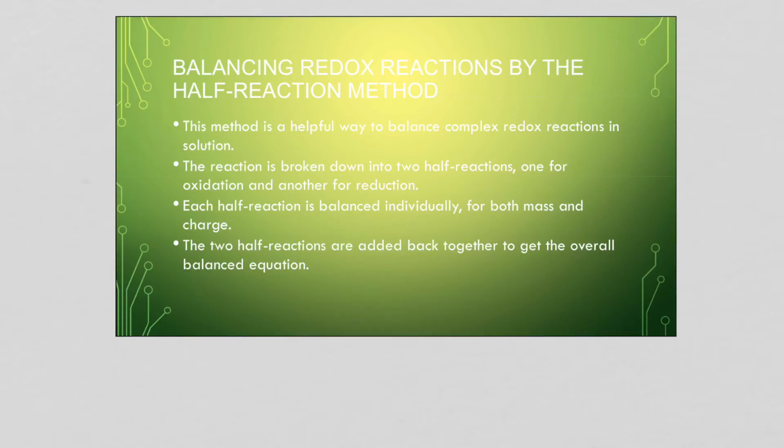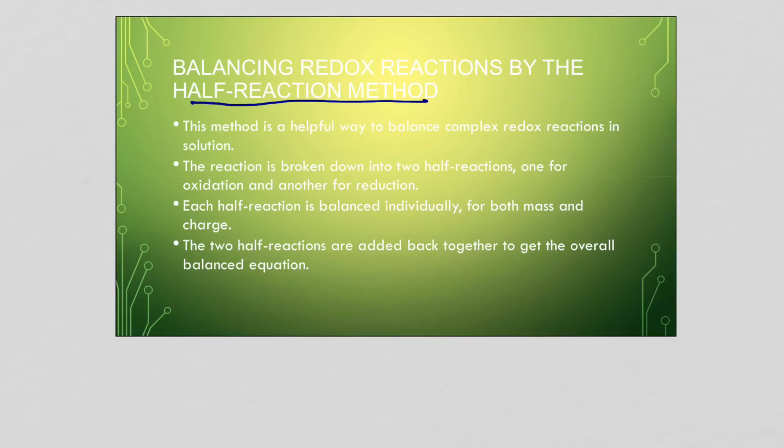So the balancing reactions, we're going to use what's called the half reaction method, right? So we just talked about these half reactions, so we're going to start with these half reactions to allow us to come up with the balanced redox equation.